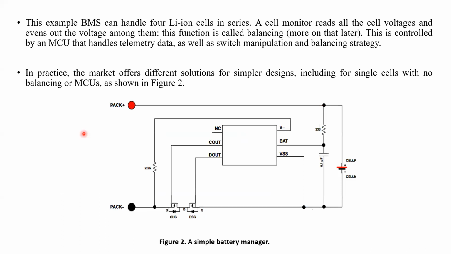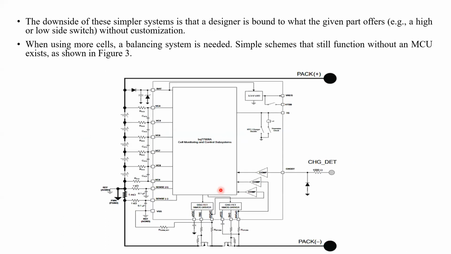By using this diagram, we can monitor the voltage levels of each cell without an MCU. We are not going in depth into the operation of this circuit. No need, just remember.